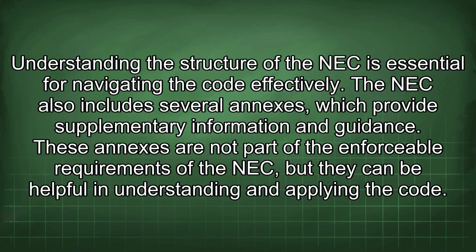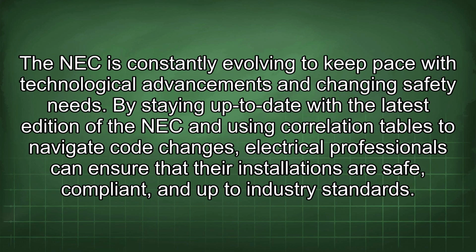These annexes are not part of the enforceable requirements of the NEC, but they can be helpful in understanding and applying the code. The NEC is constantly evolving to keep pace with technological advancements and changing safety needs. By staying up to date with the latest edition of the NEC and using correlation tables to navigate code changes, electrical professionals can ensure that their installations are safe, compliant, and up to industry standards.